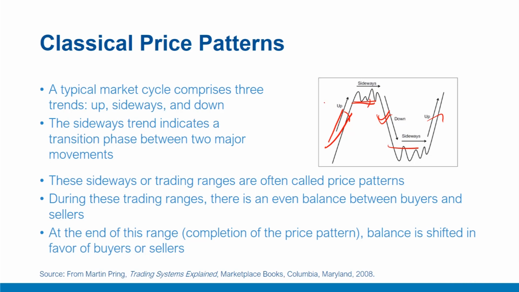The transitions between a rising and a falling trend are often signaled by identifiable trading ranges known as price patterns like this. To the market technician, the transitional phase has great significance because it marks the turning point between a rising and falling market. If prices have been advancing, the enthusiasm of the buyers has outweighed the pessimism of sellers up to this point, and prices have risen accordingly.